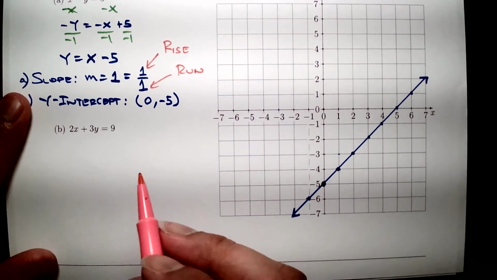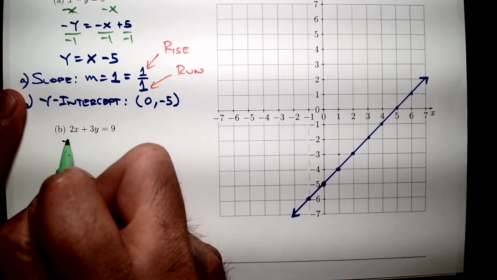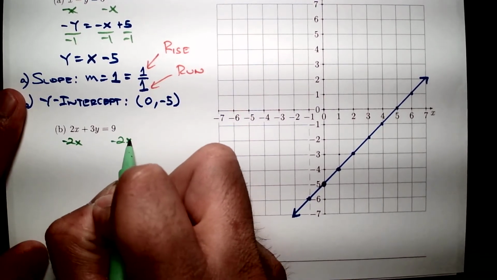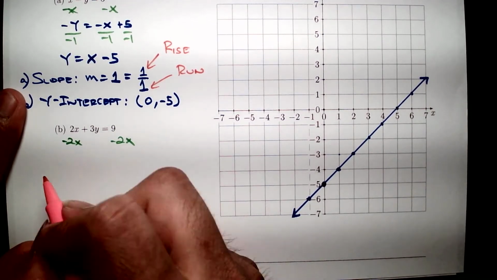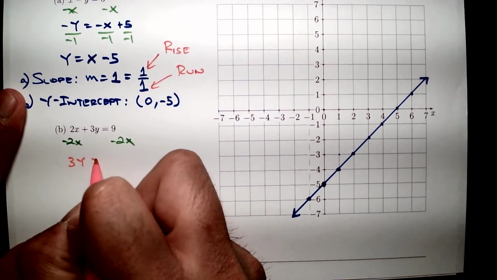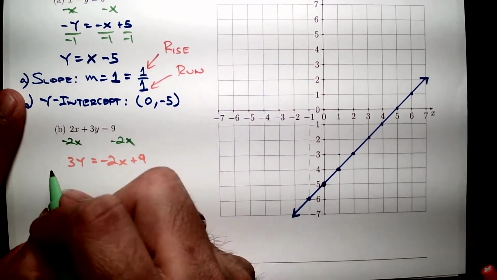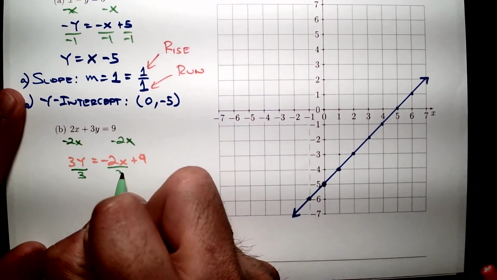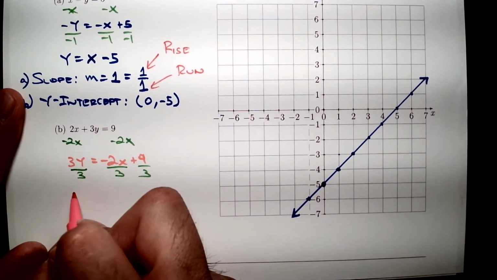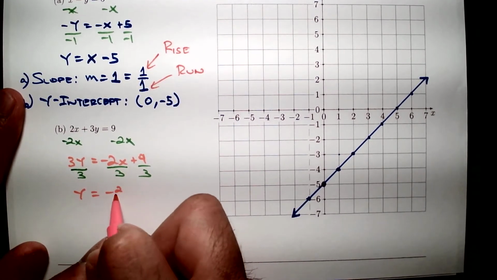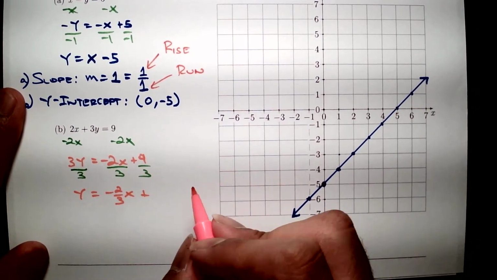For the second equation, I subtract 2x from both sides to get 3y equals negative 2x plus 9. Then divide both sides by 3 to get y equals negative 2/3 x plus 9 over 3, which is 3.